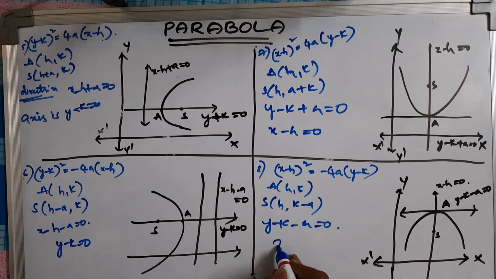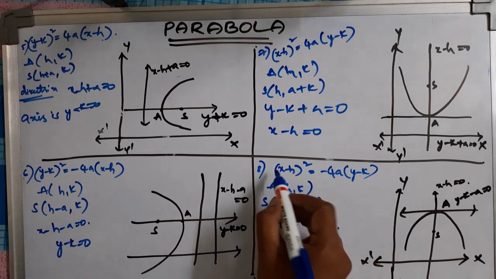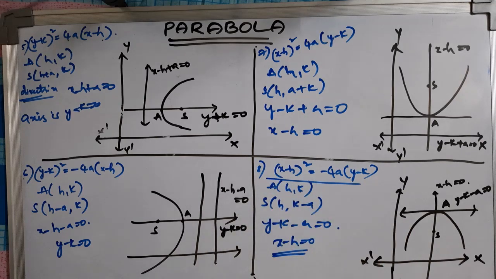Here also x minus h equals 0 is the equation of the axis for the parabola x minus h whole square equals minus 4a into y minus k.